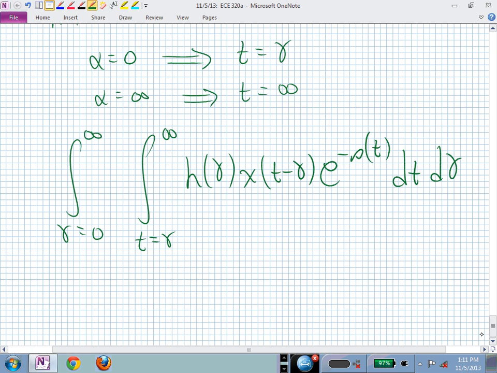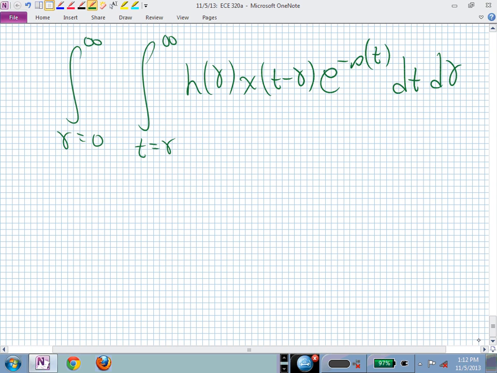Now let me change the order of integration. Let me have the t and the gamma trade places, so that now I'm integrating from t equal gamma to infinity.